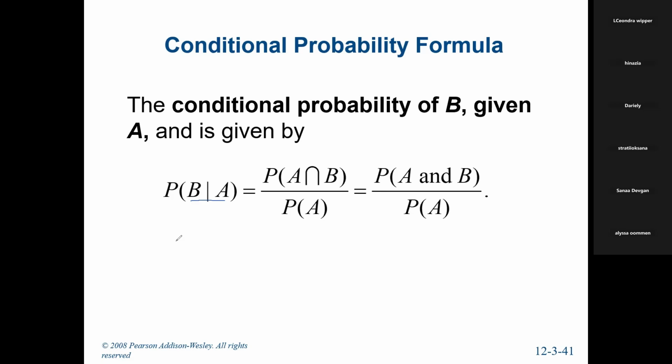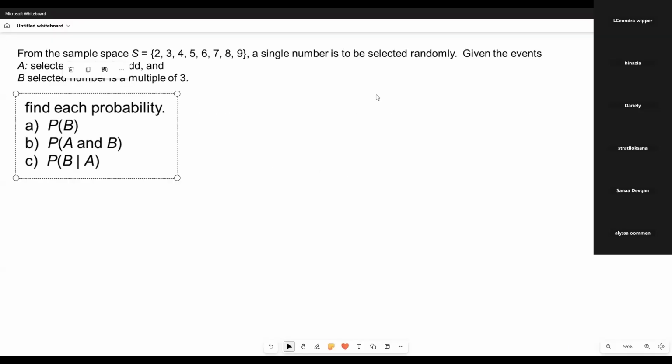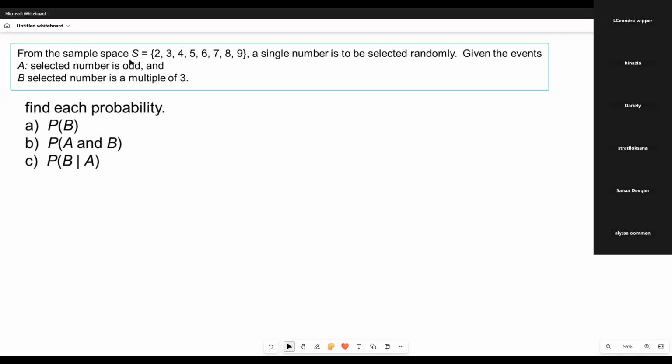Are you done? Yes. Okay, I'm going to solve a few problems here. You can copy. From the sample space S, 2, 3, 4, 5, 6, 7, 8, and 9, a single number is to be selected randomly.